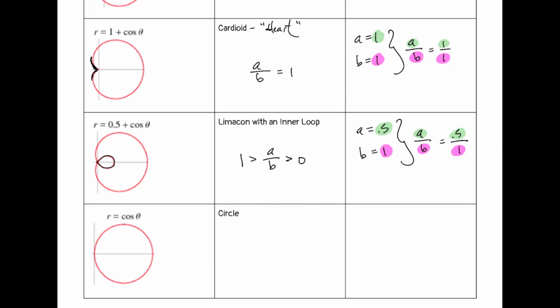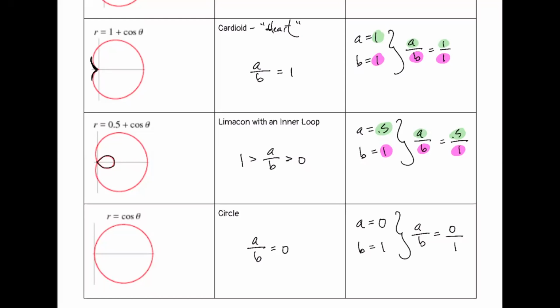All right, so we've got one last case, and this one should look pretty familiar. We've got a circle. But let's think about our A and B values. A in this case is 0, and B is 1. So when I take A and divide it by B, I'm going to get 0. So another special case is when that ratio equals 0, we actually get back to the circle.